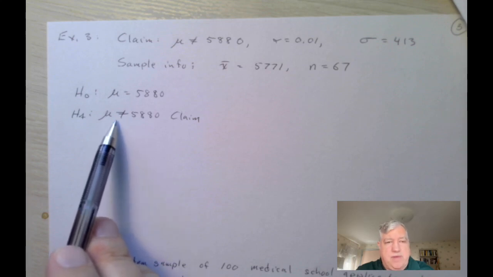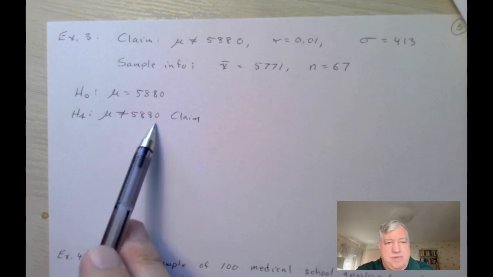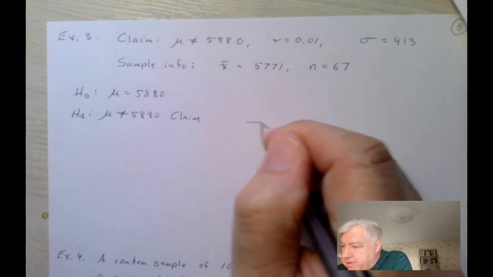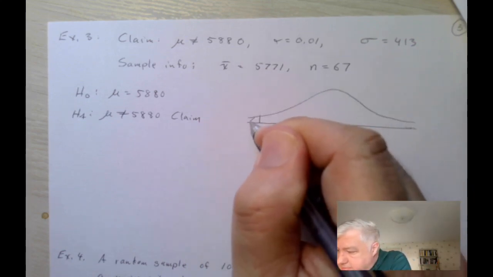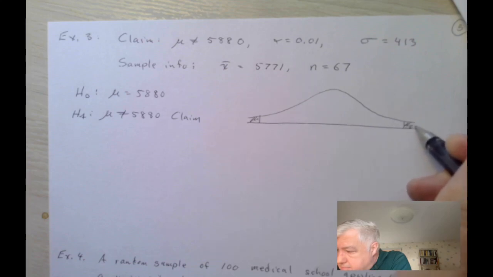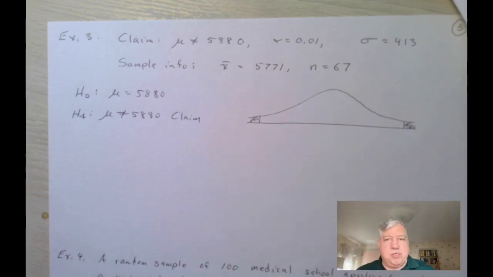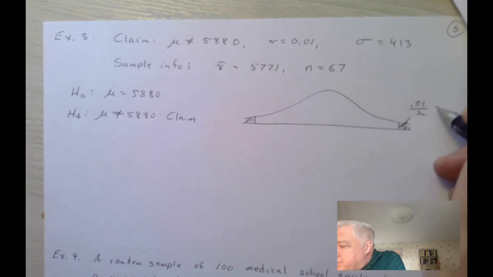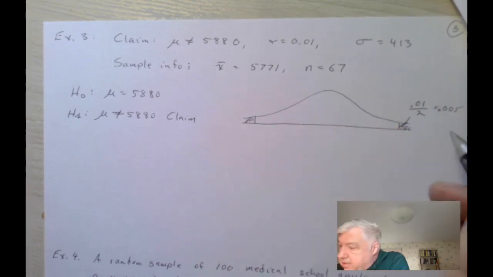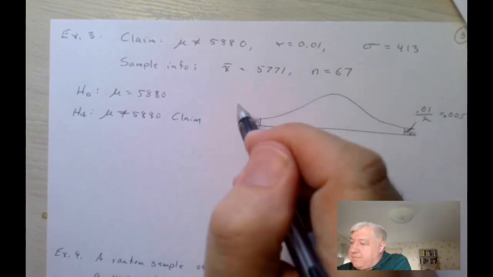If this is true, our unlikely values could be bigger or less than 5880, so we're going to use a two-tailed test again. These two regions have to total 0.01, so the area of each tail is 0.01 divided by 2, which is 0.005.